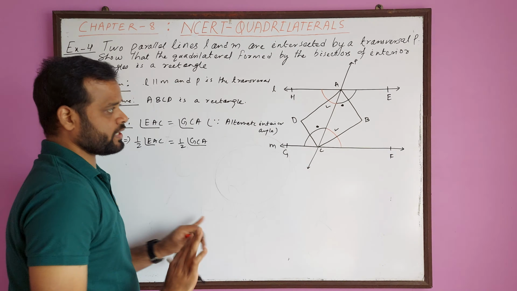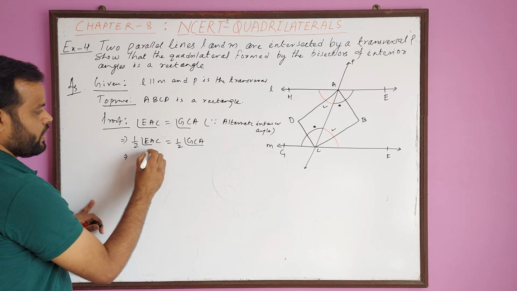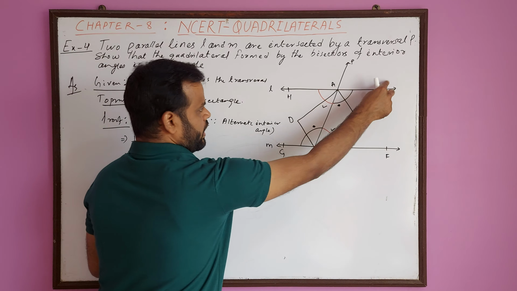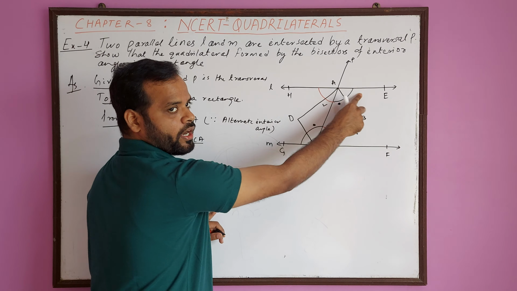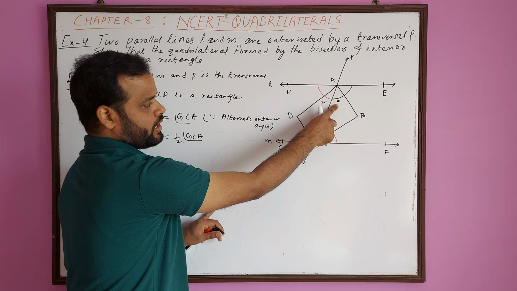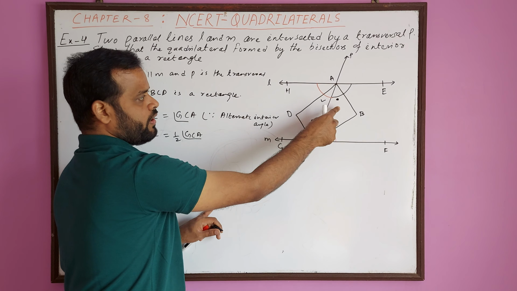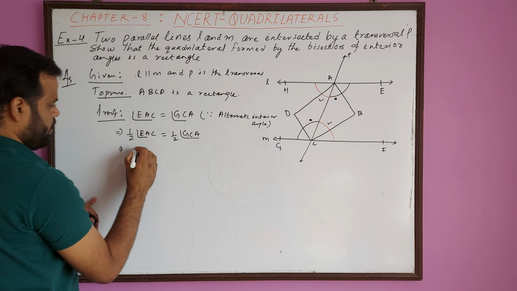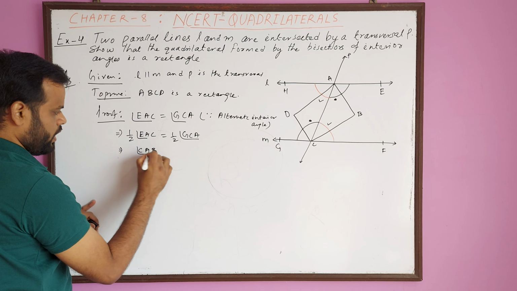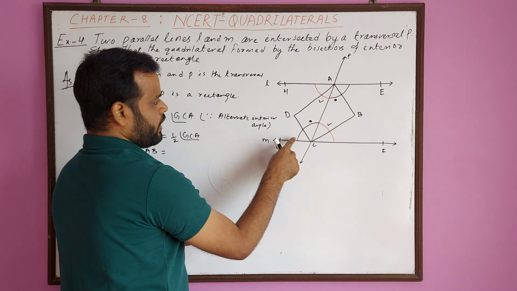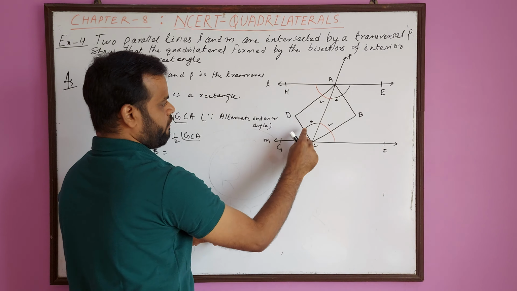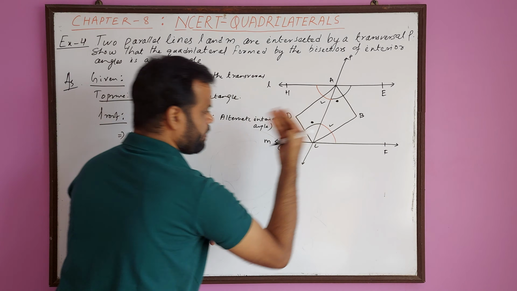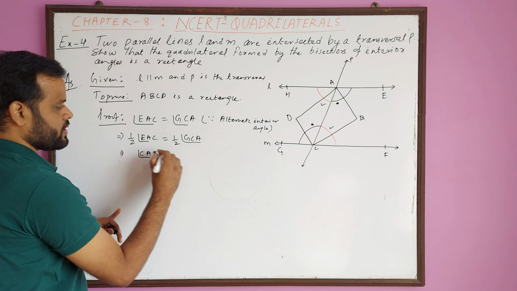We do not need the outside one. So half of EAC, we don't require this angle, we only require this angle. So in place of half of EAC, we will write angle CAB, and in place of half of GCA we will write angle DCA, because we want to come inside the quadrilateral ABCD.